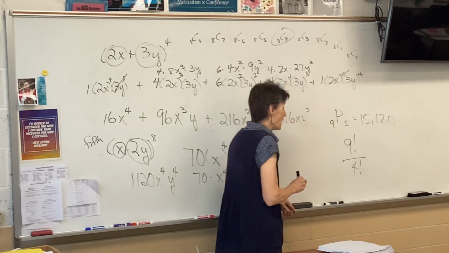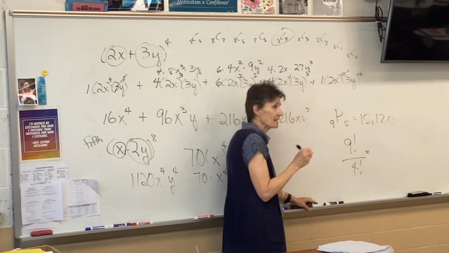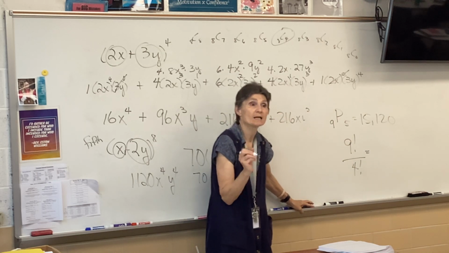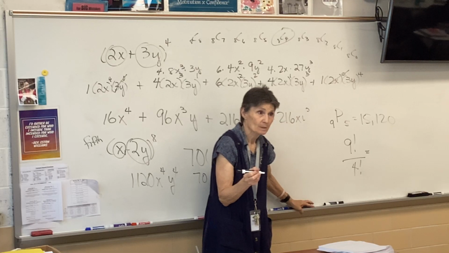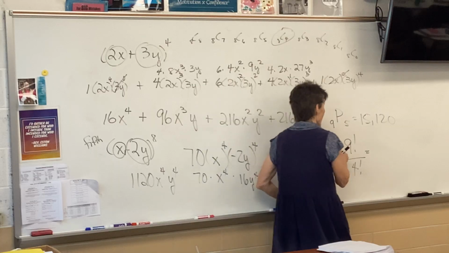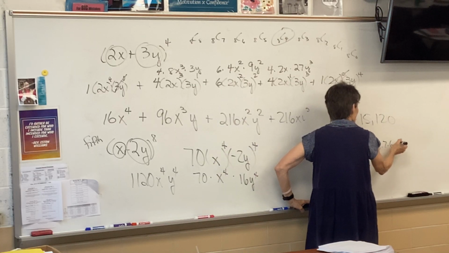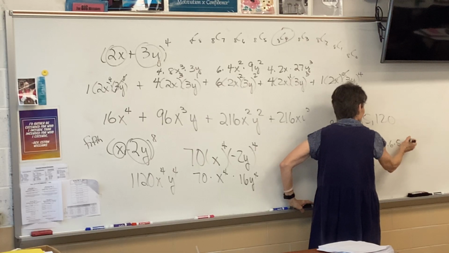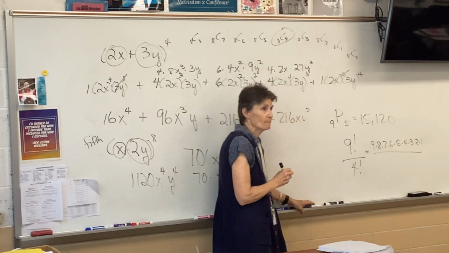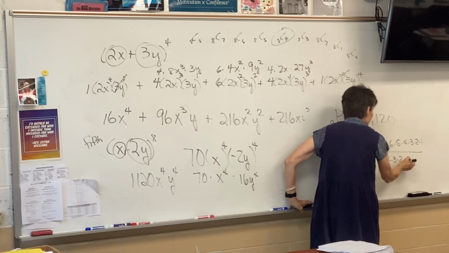My rule is you can't go to the calculator until you have canceled out your denominator. Your denominator will always cancel. 9 factorial means 9 times 8 times 7 times 6 times 5 times 4 times 3 times 2 times 1. And 4 factorial means 4, 3, 2, 1.